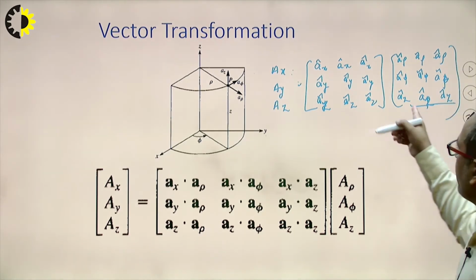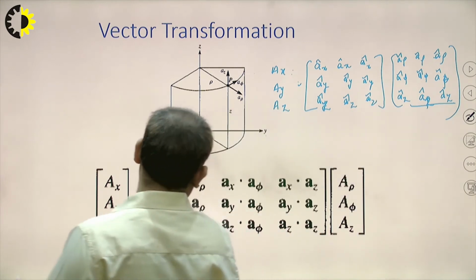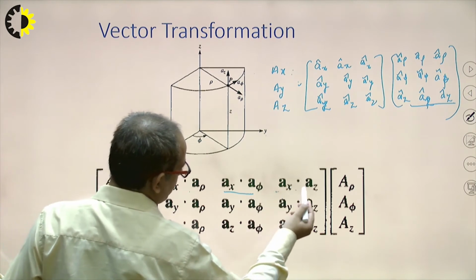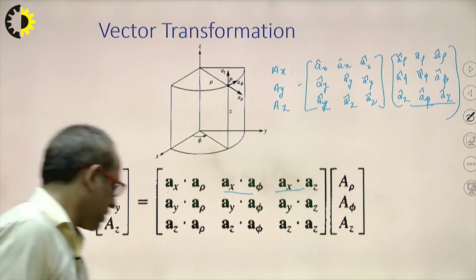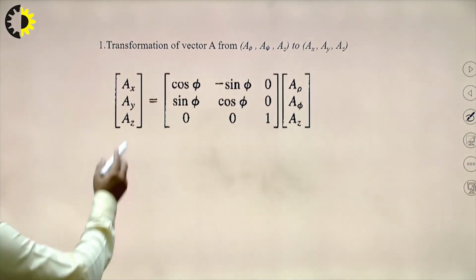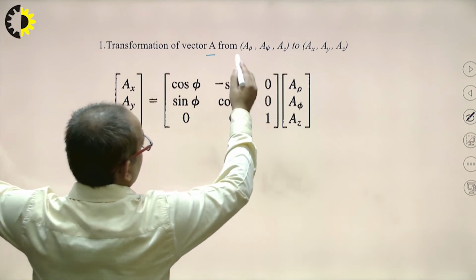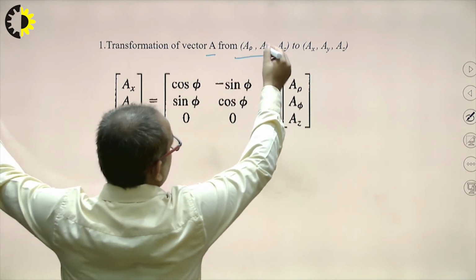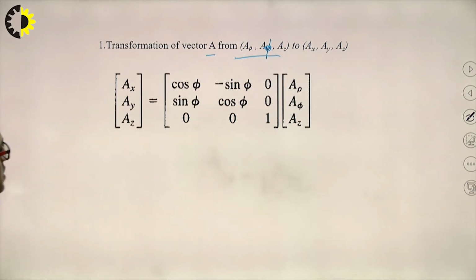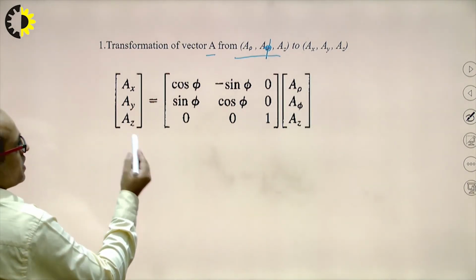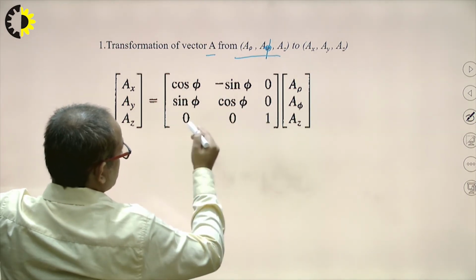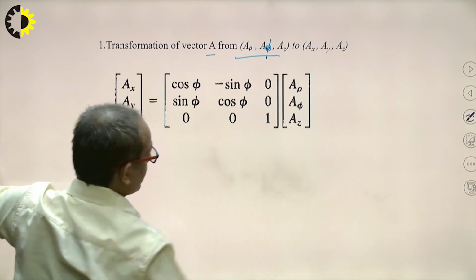When you multiply these two vectors, you will get a cap x dot a cap rho, a cap x dot a cap phi. Now see, the transformation of vector a from a rho, a phi, az to ax, ay, az. You will see here that ax, ay, az will be equal to the matrix cos phi, minus sin phi, 0; sin phi, cos phi, 0; 0, 0, 1, times a rho, a phi, az.